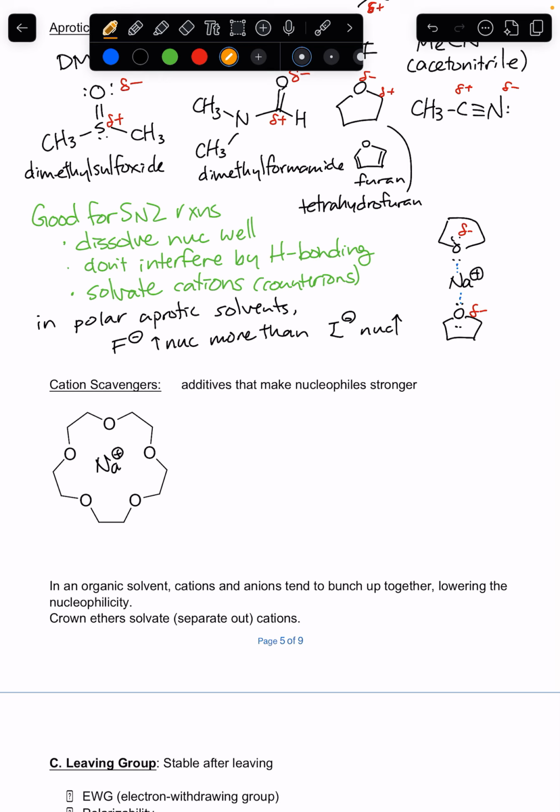So this particular compound called crown ether interacts with sodium, and the inner size is just right to interact with sodium, so it tightly binds to it. This is called 15-crown-5. These are called crown ethers.